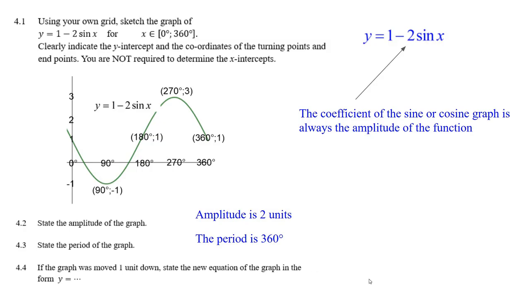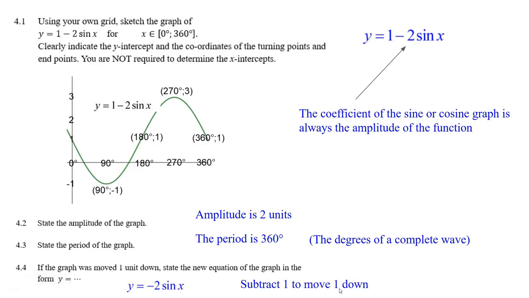If you subtract 1 from this, 1 minus 1 is 0, you'll get the new equation that's down 1. So this whole thing would shift down 1. All you do is subtract 1. Subtract 1 to move down 1. And there's all the wave stuff all done.